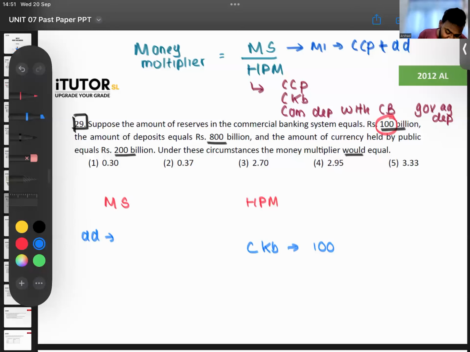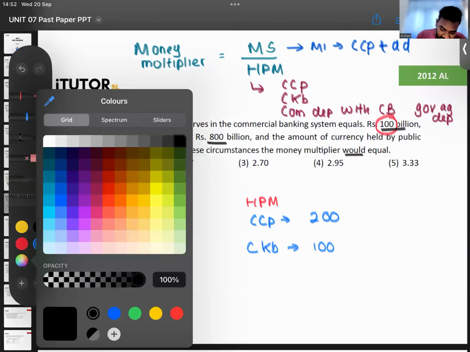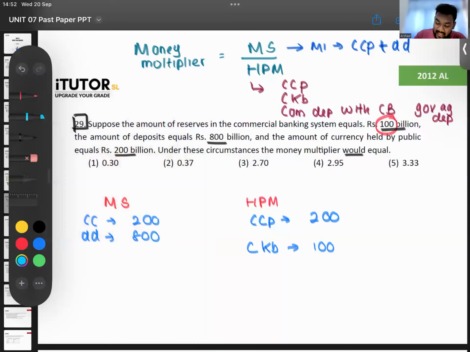DD, demand deposits, are 800. Amount of currency held by public is 200. Currency held by public is there in money supply also, and in high-powered money also. In money supply, CC and DD we have. In high-powered money, currency held by public we have.